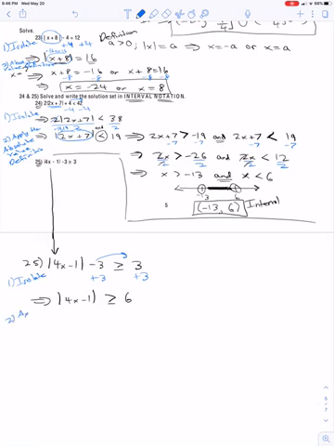So now ready for step 2. Again, apply the definition of absolute value. So as we do that, we know 4x minus 1, if we want it to be 6, we can have a negative 6 or positive 6. Now, one thing I want to make note of, all greater than problems are or problems. All less than problems are and problems.